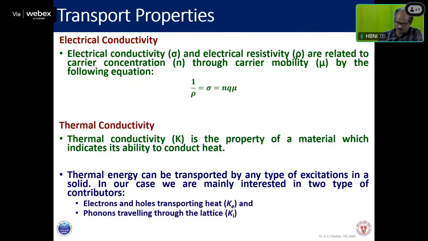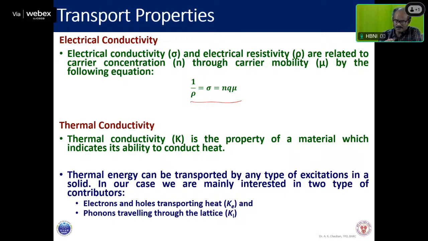So now there are two important parameters. We learned that one is electrical conductivity and another is thermal conductivity. And we know from the basics of our physics or chemistry that both electrical conductivity and thermal conductivity are related. So first let us see how we define this.